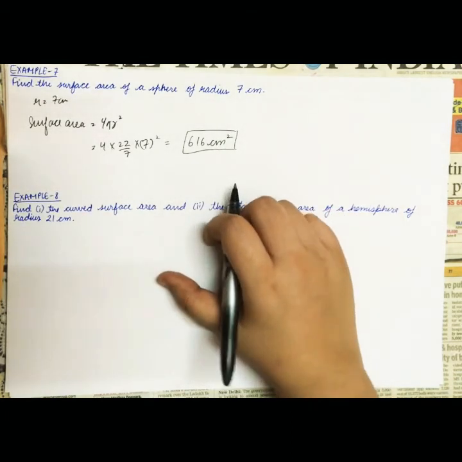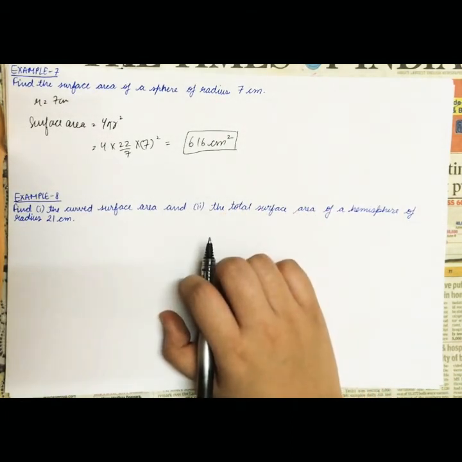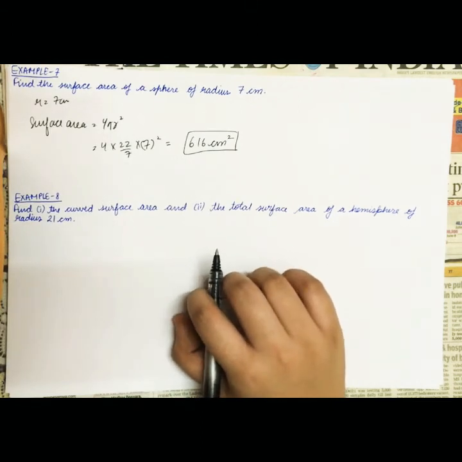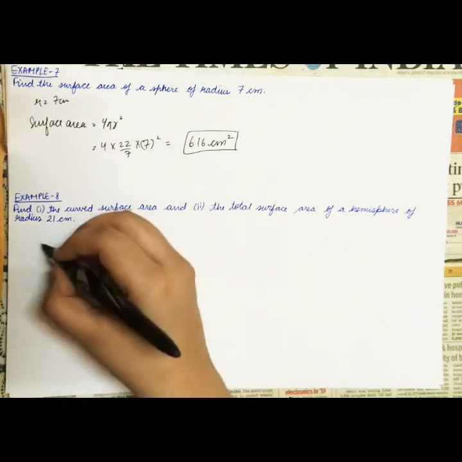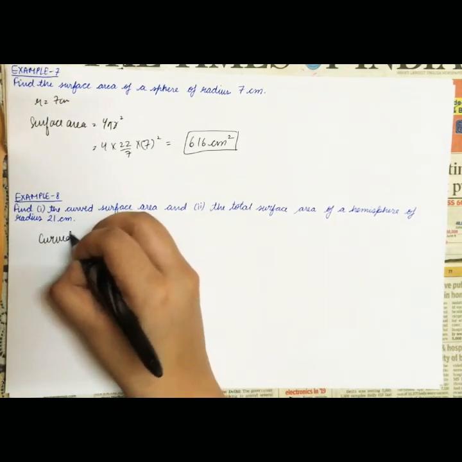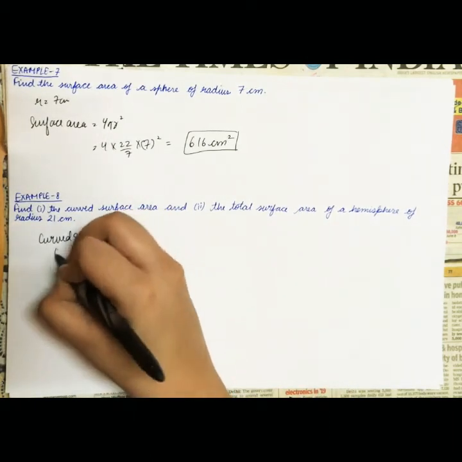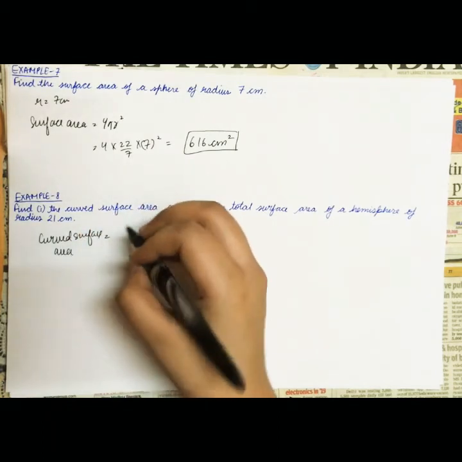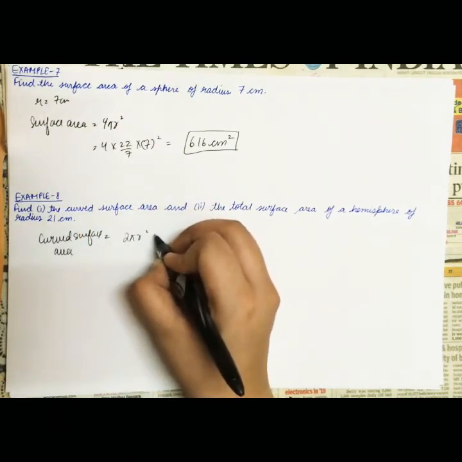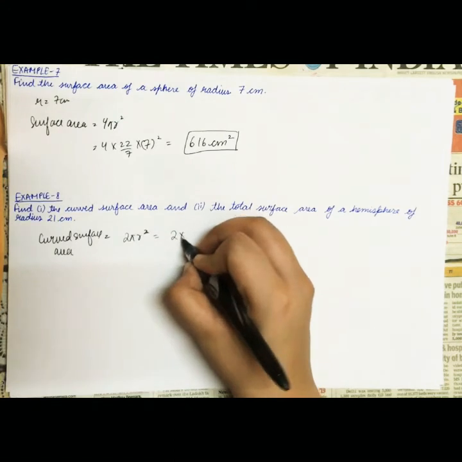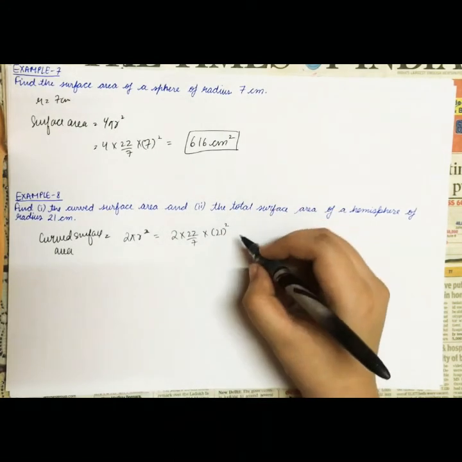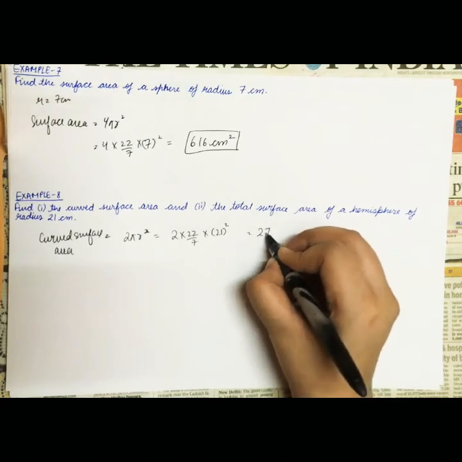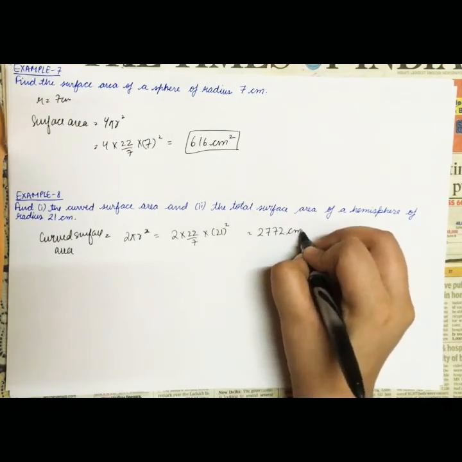Example number 8. Find the curved surface area and the total surface area of a hemisphere of radius 21 centimeter. So now curved surface area of a hemisphere is equal to 2 pi r square. We'll put the values, that are 2 into 22 by 7 into 21 square, which is equal to 2772 centimeters square.